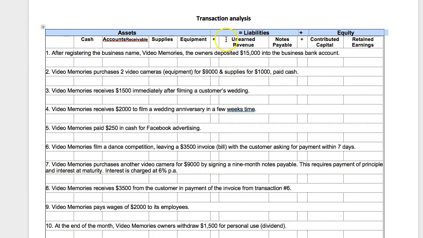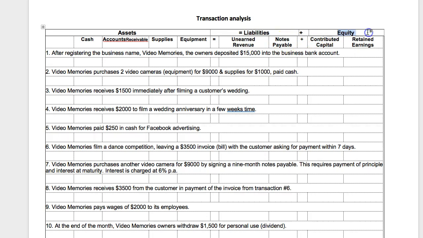So at the top of this table, I have the accounting equation. First of all, I have assets here, and examples of assets in this question are going to be cash, accounts receivable, supplies, and equipment. Then I have liabilities over here, and I have 2 liabilities, unearned revenue and notes payable.